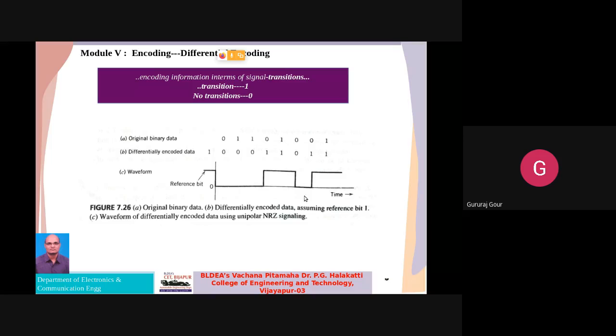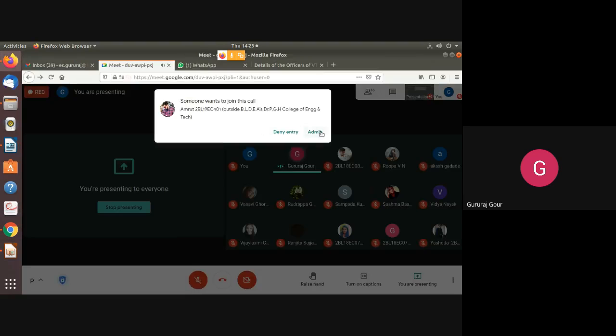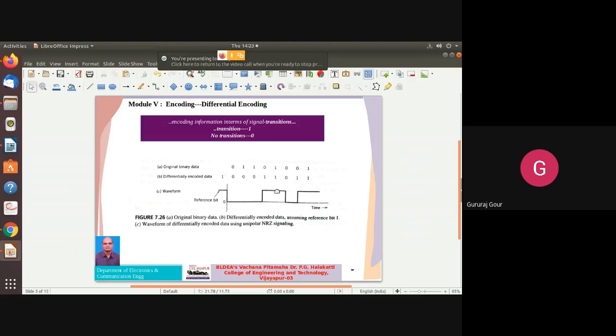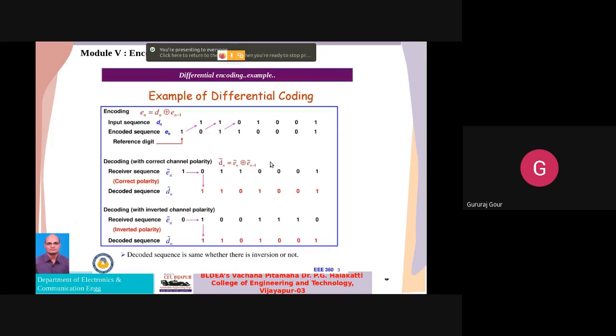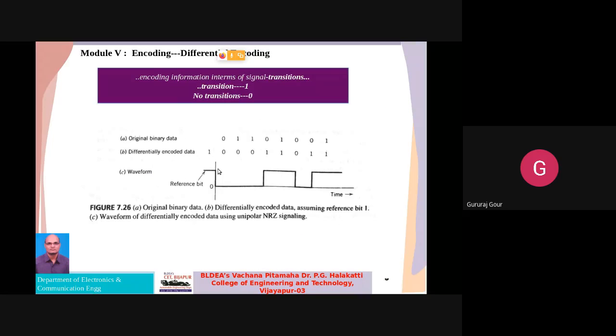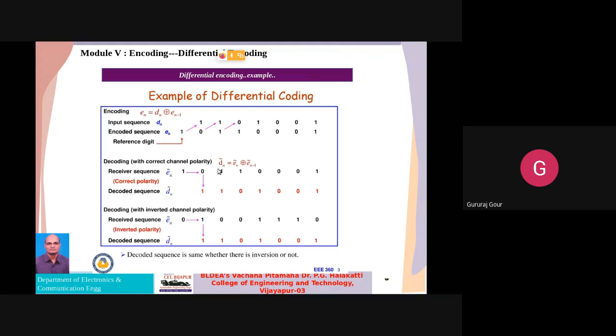In this way we get this kind of waveform. Taking the help of this particular bit stream, you have to explain in the exam how you get this bit stream. That is what you have to explain as part of the encoder. Okay, so that one bit we left out there.